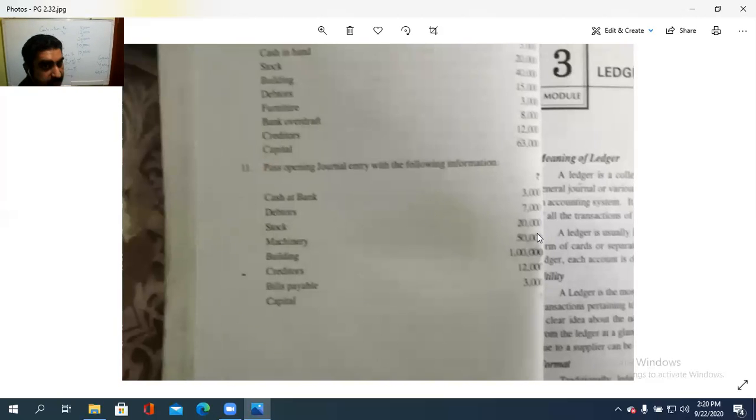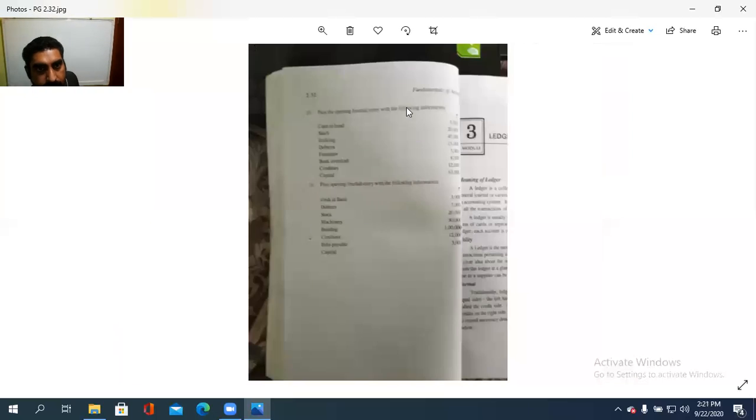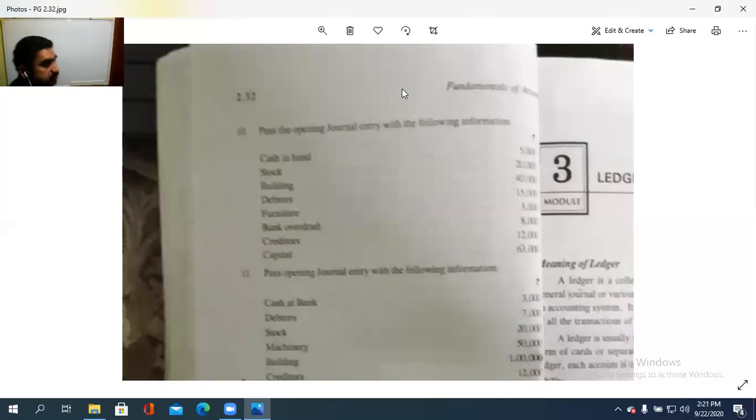So here, question number 11 and 10, we will do it. Cash in hand is 5,000. So cash debtor, it is 5,000. Stock 20,000. Then buildings 40,000. Buildings debtor, all debtor.